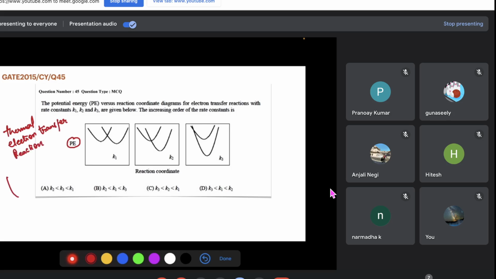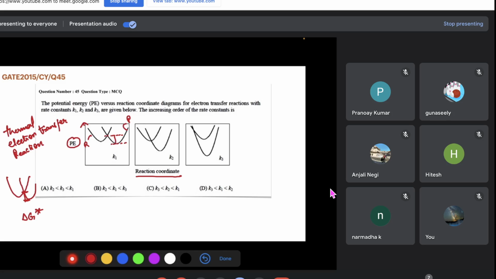So you remember that the barrier to the thermal electronic transition was this delta G star, correct? So this is your reactant curve, and this is your product curve, and this is your reaction coordinate on the x-axis, and here on the y-axis you have energy, that is the potential energy.